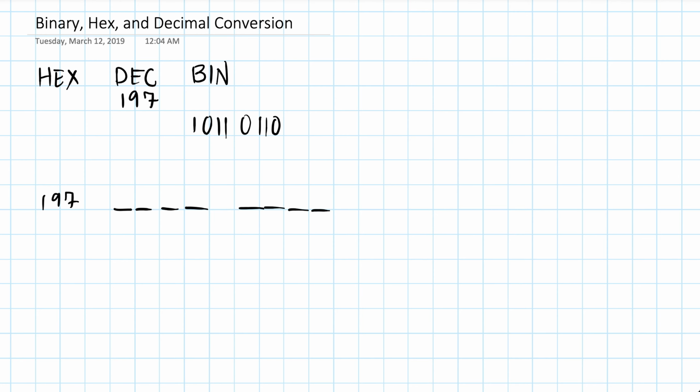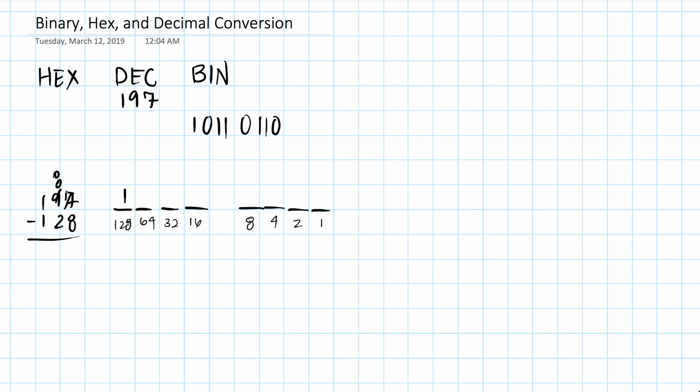And so we know that this place is going to be the ones place: 2, 4, 8, 16, 32, 64, and 128. So the first thing we need to do is figure out which is the biggest power of 2 that can go into 197. So we can see here that it's 128. So we'll put a 1 here, and then we'll see what the remainder is after we subtract 128.